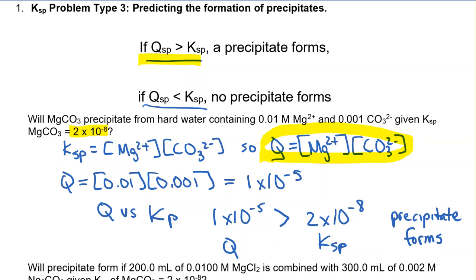And so I simply plugged in the values, and we have that Q is 1 times 10 to the negative 5th. So we're going to compare Q versus Ksp. When we compare these, we can see that Q is greater than Ksp, which means that a precipitate forms.